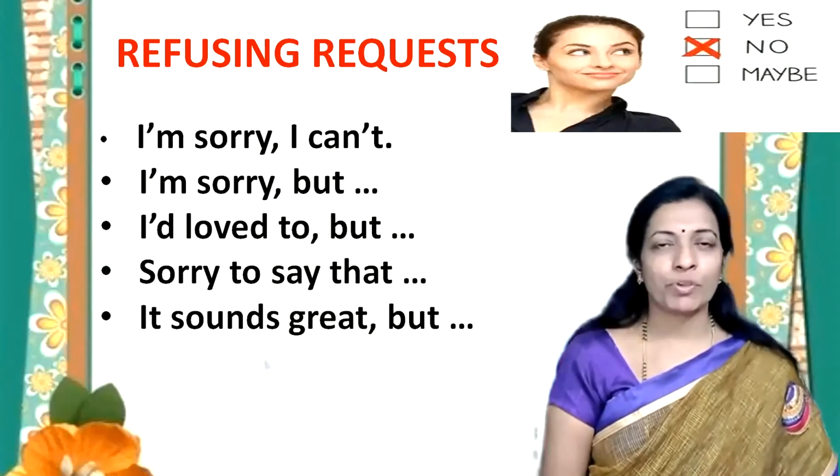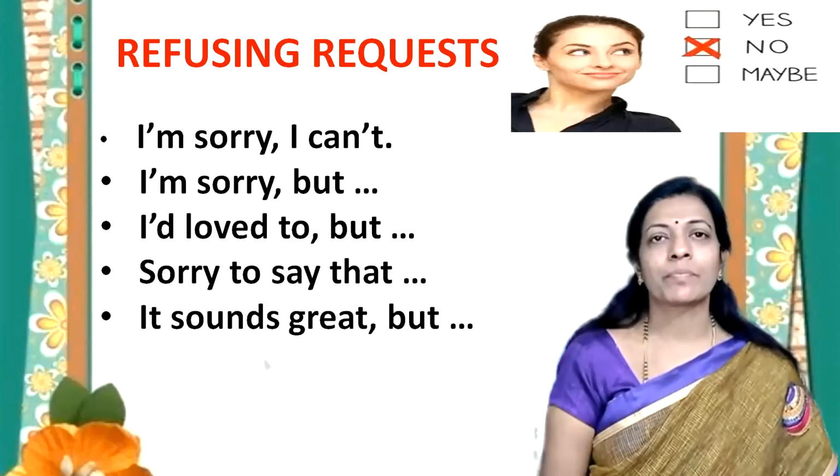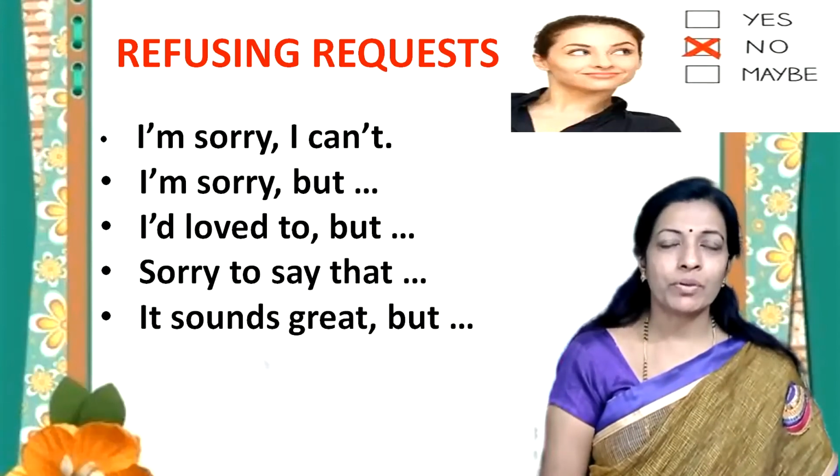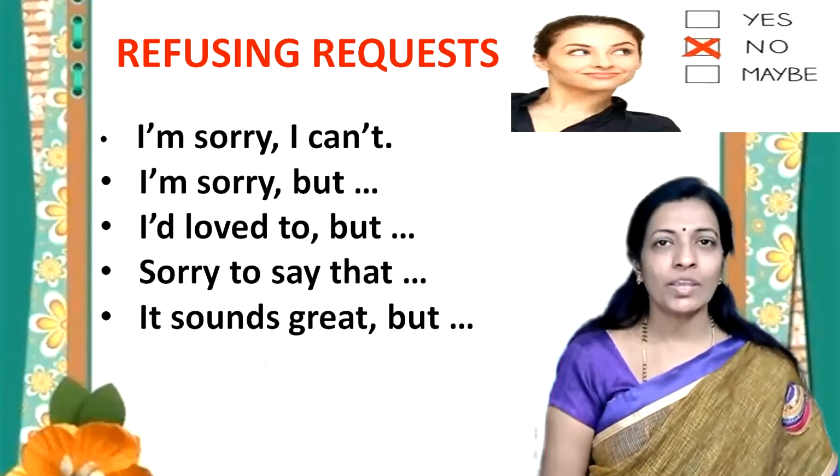Let us look at a few of the examples. I'm sorry, I can't. I'm sorry, but it won't be possible. I would love to, but sorry to say that. It sounds great, but. So you can begin your sentences to refuse a request by using any of these words or phrases.